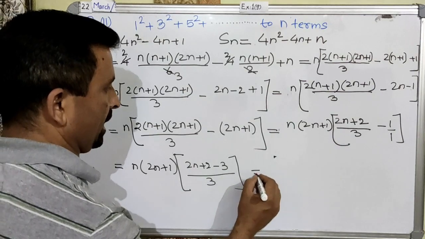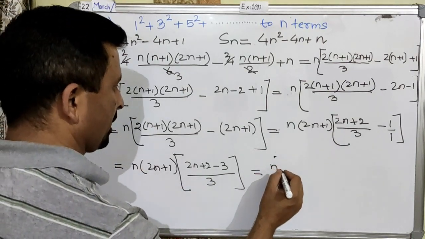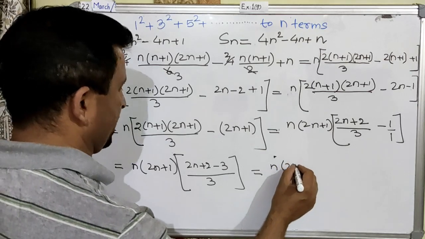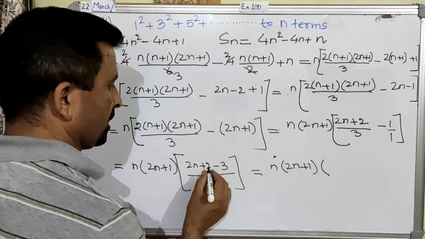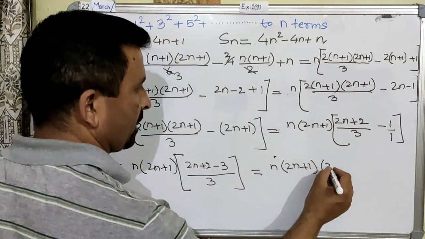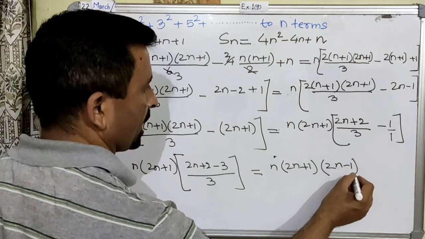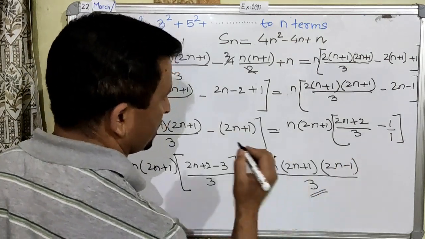Clear? Finally, now this is n into (2n + 1). Inside here is this 2n and this is minus 3, so it will become minus 1. So (2n − 1) divided by 3. This is your final result.